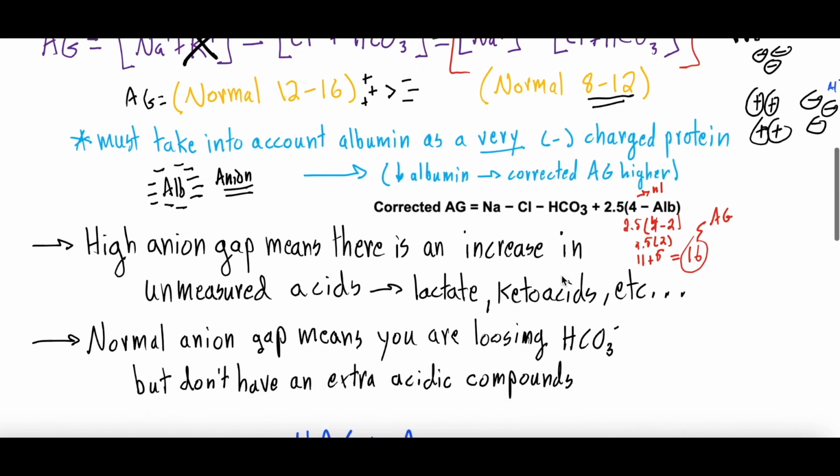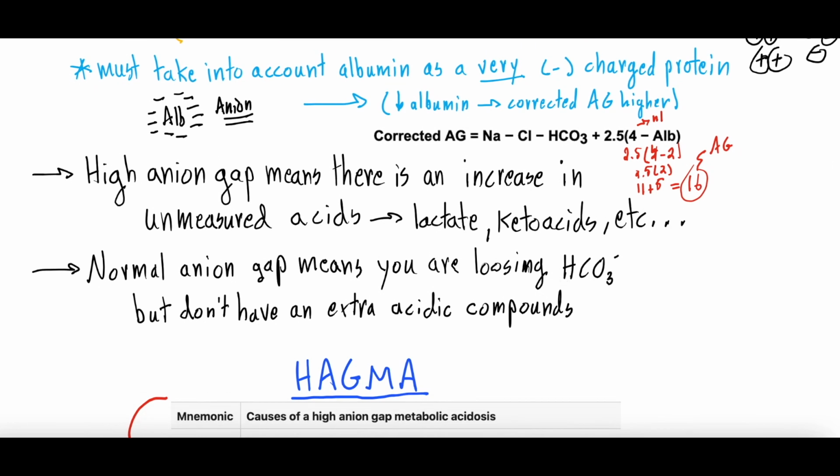Let's get into what exactly could be going on and how high versus normal anion gap helps us. Well, a high anion gap, or sometimes we just call it an anion gap, metabolic acidosis, means that there are unmeasured acids floating around in the blood.